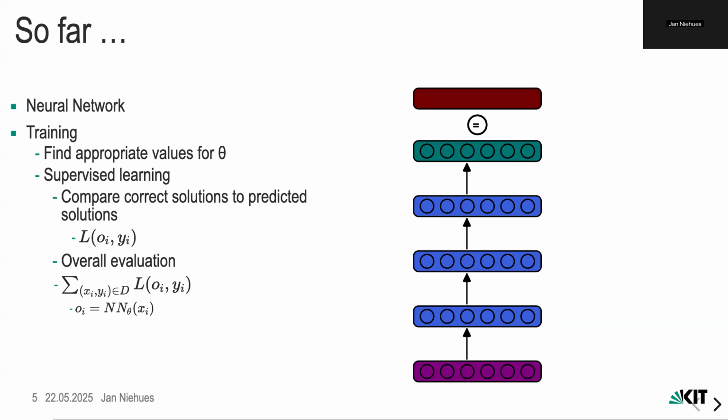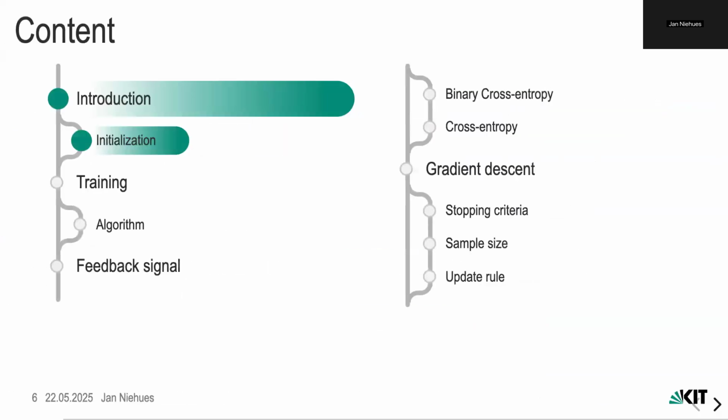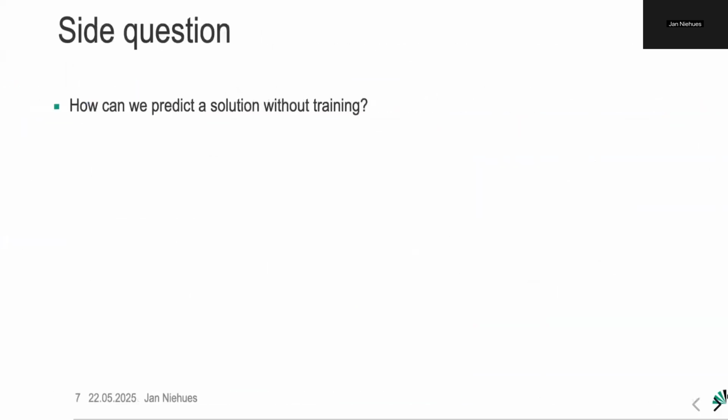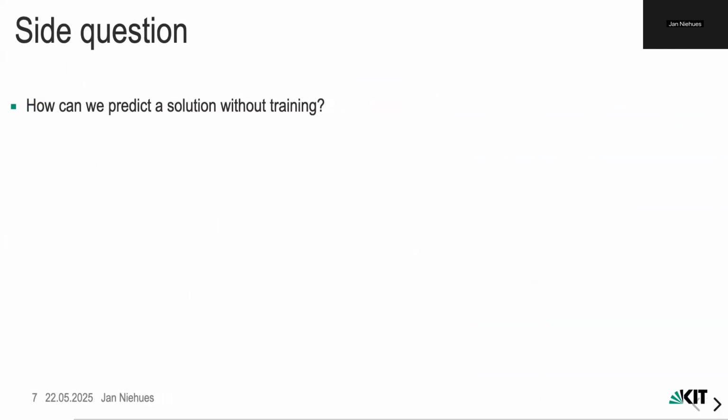However, before we go into the training, one very brief sidestep, and that is a question. Now I assume we can calculate our loss, so we can calculate how good the answer is. But how can we do that at the beginning? We haven't learned anything, so how can we make a prediction without training?